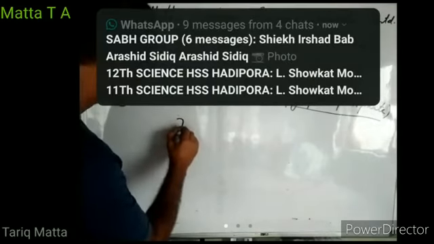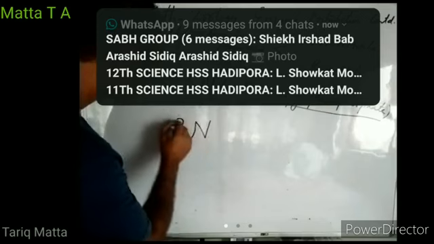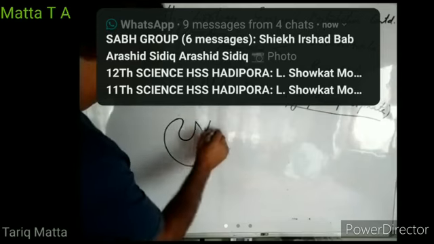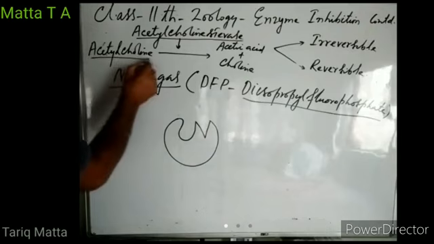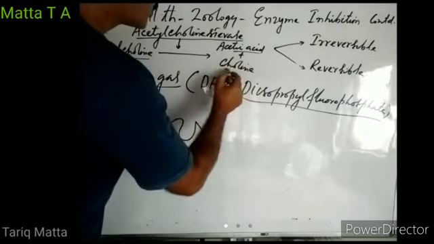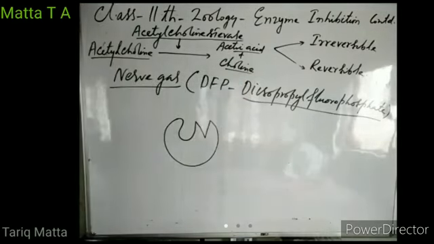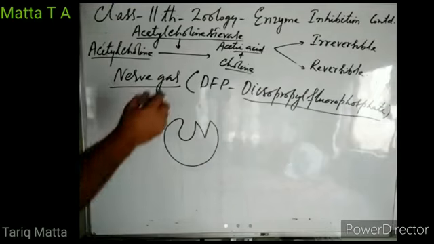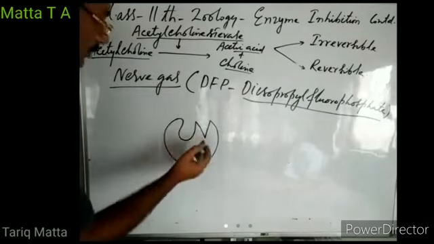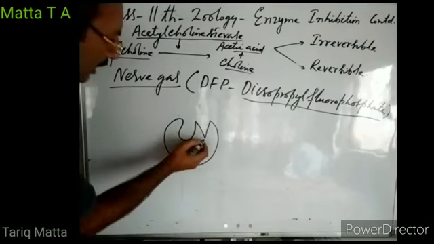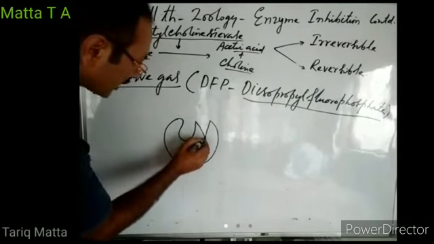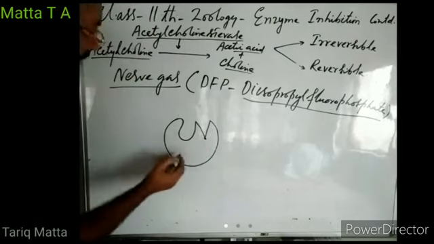This is acetylcholine esterase enzyme. What was its function? Its function was to convert acetylcholine into acetic acid and choline so that the muscles could relax.